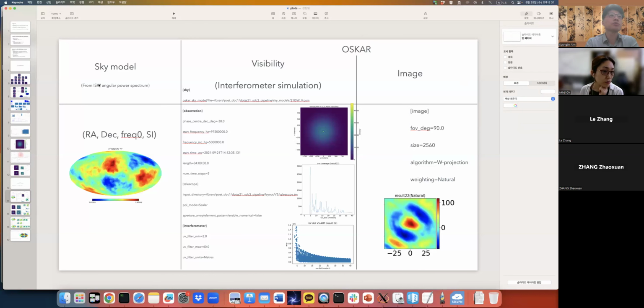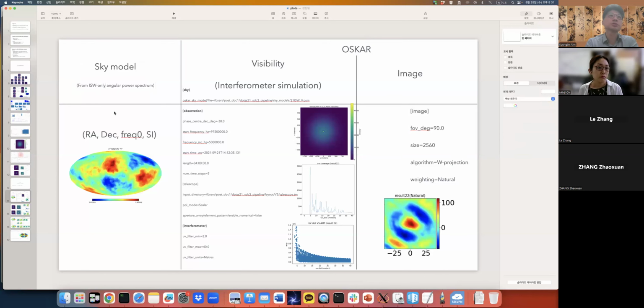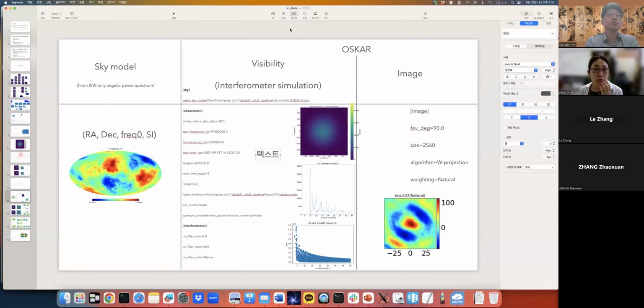The monopole signal is mostly the CMB plus the delta TB. We first chose one frequency sky, 100 megahertz, as before. So just one frequency at the moment.